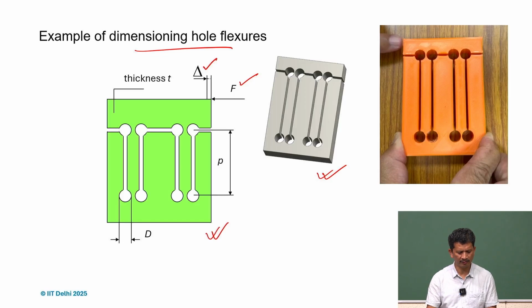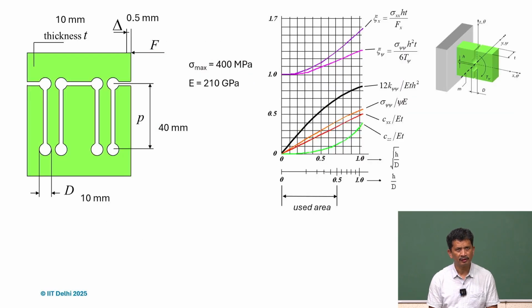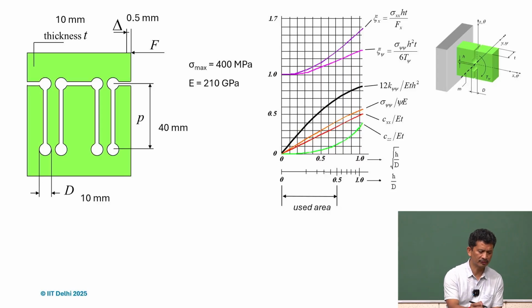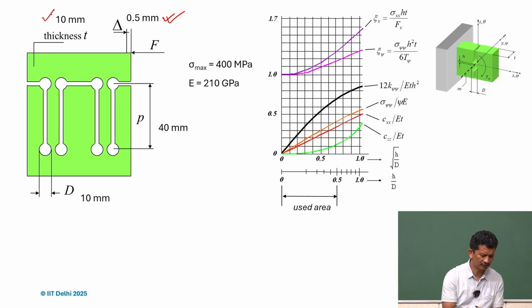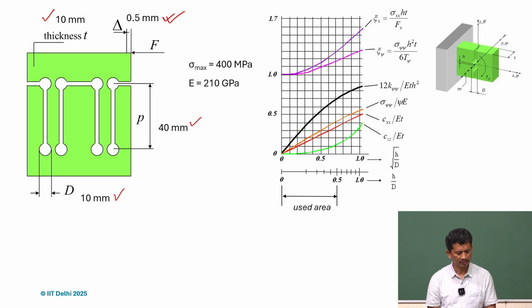Suppose we have to design this kind of stage or flexure mechanism. For instance, this is what is required. The displacement is 0.5 millimeter, and some dimensions are given, like the thickness, the diameter, and the length of the link, the effective length P. We have also chosen the material.